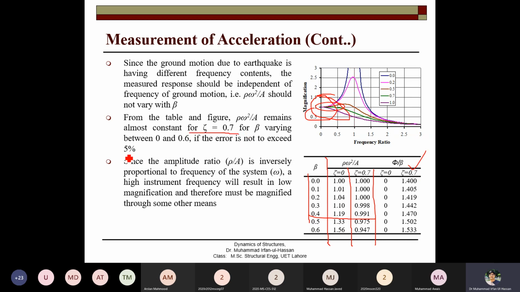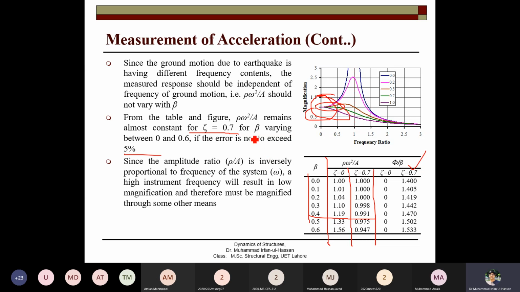If the error is not more than 5%, then for this damping ratio of 0.7, and for the beta value of 0 to 0.6 approximately, these values remain constant. So for the vibration measuring instrument, we have to set the damping ratio in such a way that it should be less than that. Then you can use it, because in other cases the frequency is varying too much.